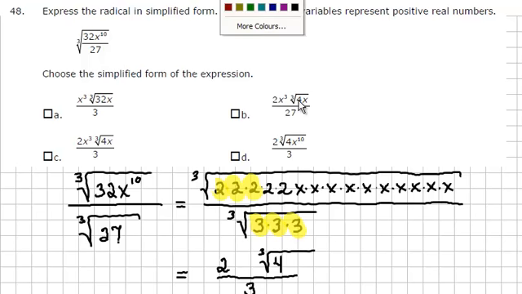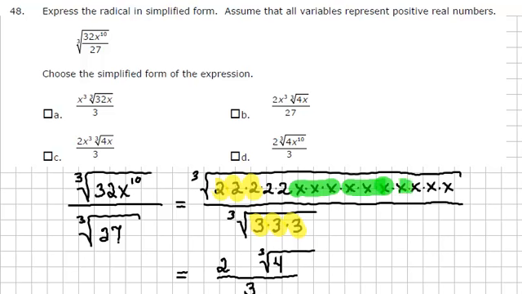We have 3 x's, another 3 x's, and another 3 x's, but then there's one x left over. We have three groups of 3 x's and one left over.